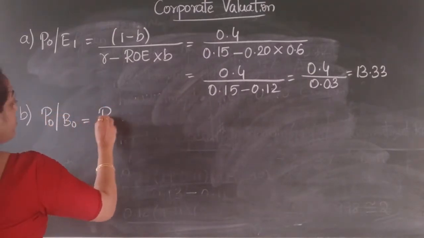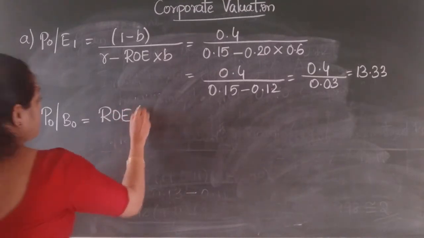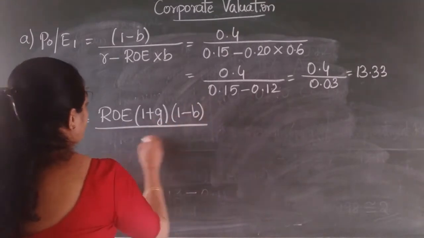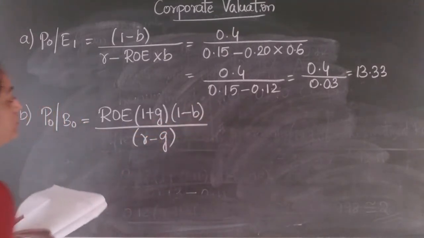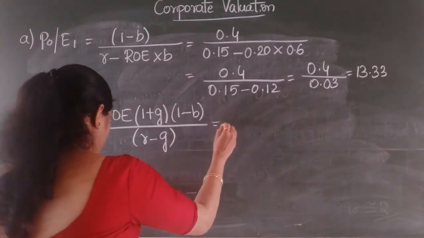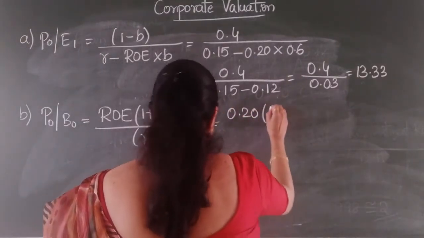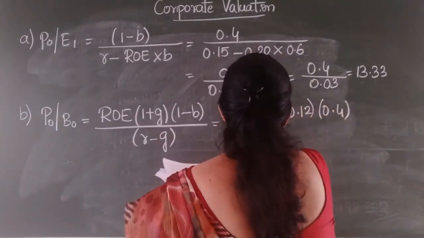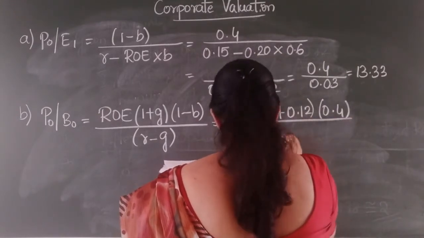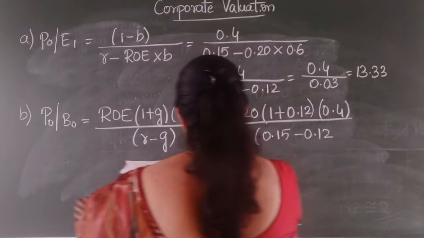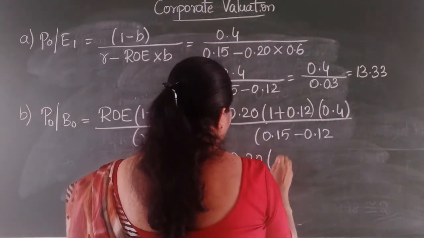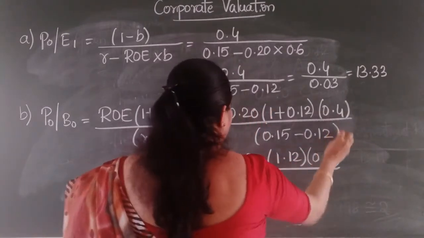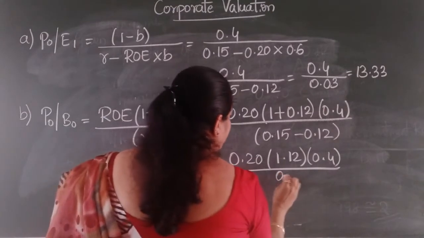The formula is ROE multiplied by 1 plus G into 1 minus B divided by R minus G. Put those values: 0.20 multiplied by 1 plus 0.12 into 0.4 divided by 0.15 minus 0.12, which is 0.03.